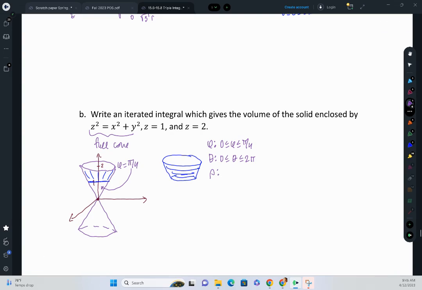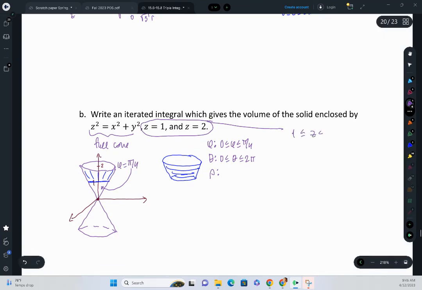Now I'm looking at z equals 1 and z equals 2, and I want to play with that for a little bit because that's telling me that z is between 1 and 2. Now z in spherical is rho cosine phi, so that means rho cosine phi is between 1 and 2. Now we're trying to find rho. We already have bounds for phi.